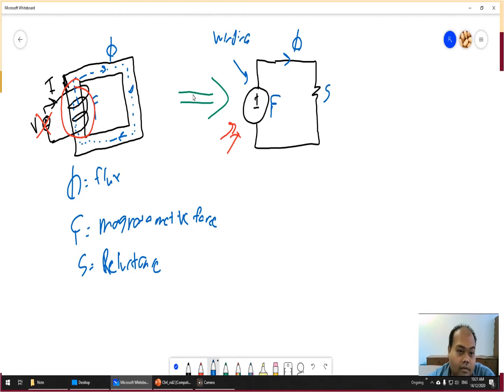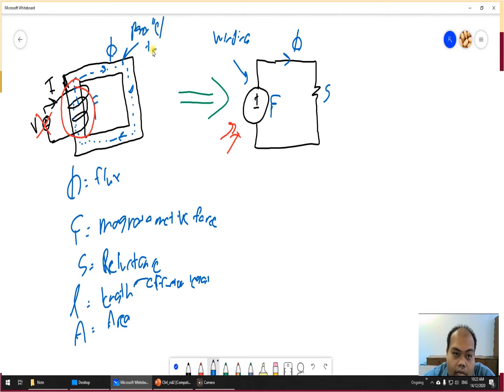Then you also need to know the length. L is the length and A is the area. Usually it's called the effective length. What is effective length? When it comes to length, it's basically parallel to flux.